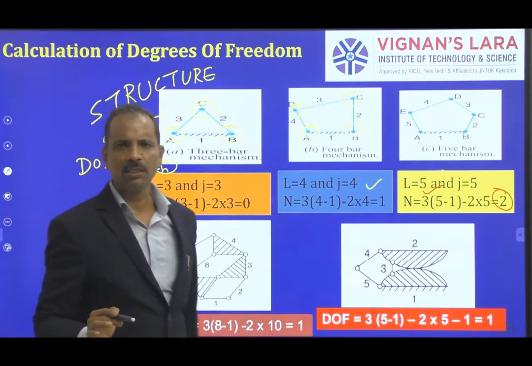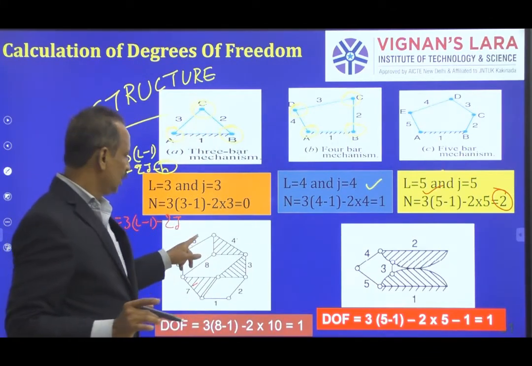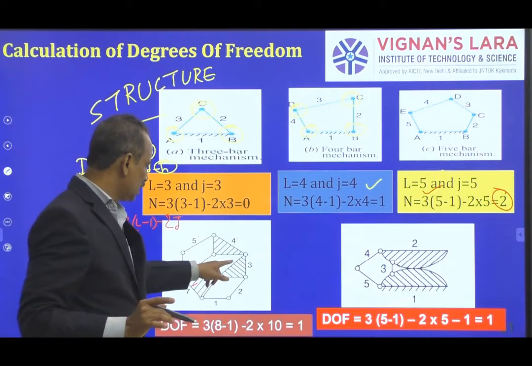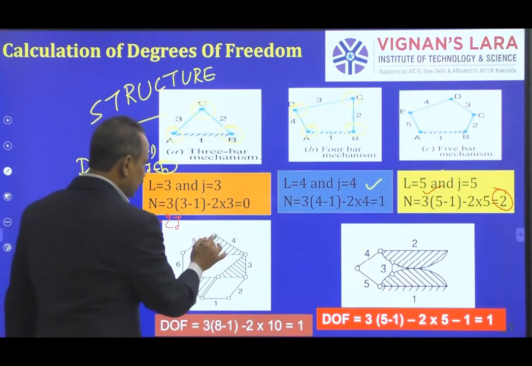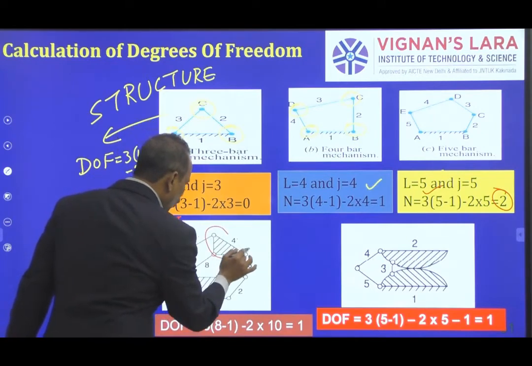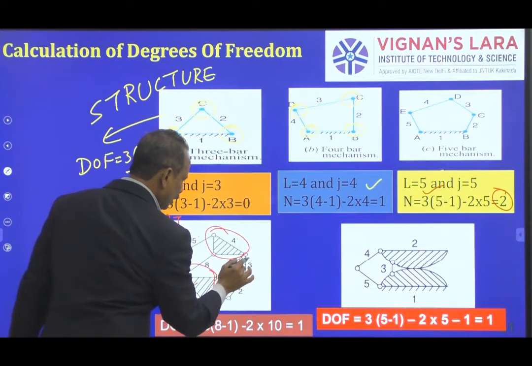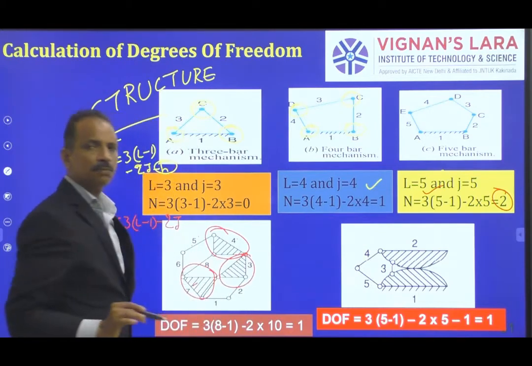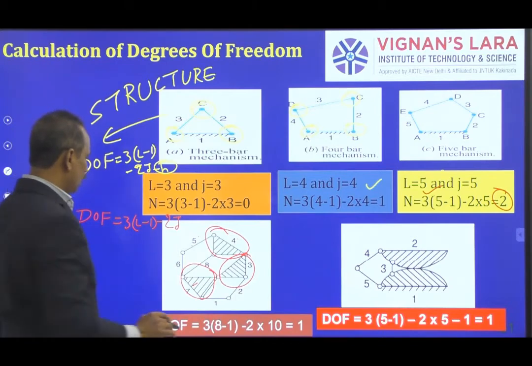Within a link there is no relative motion. Don't consider these as separate; there is no relative motion between these, so they are single entities. So the number of links is 8.